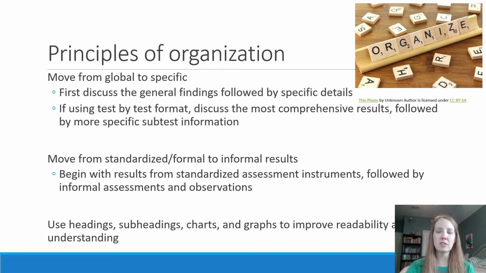Start by discussing general findings followed by specific details, and it's considered best practice to begin with formal results and then move to the more informal or observational information. Make sure to use charts, headings, subheadings, so that your target audience can easily access your report and understand the information that you're providing there.